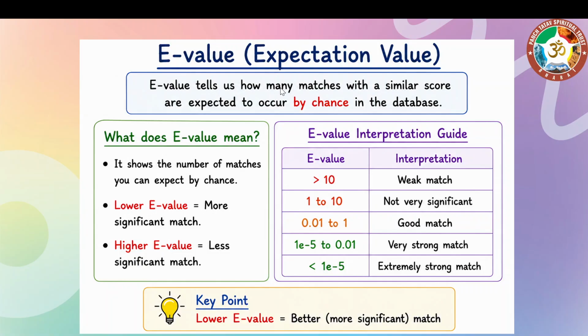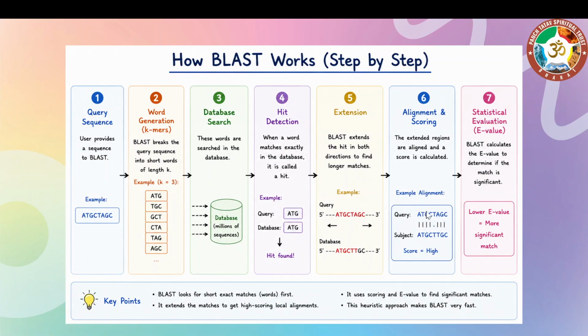This is our query sequence, and this is the sequence from the database. In the same way, we can have 4, 5, 6 sequences aligned with our query sequence. For example, we got 10 sequences which are aligned with our query sequence. So the E-value is saying how many matches here, and they have all the scores, right?